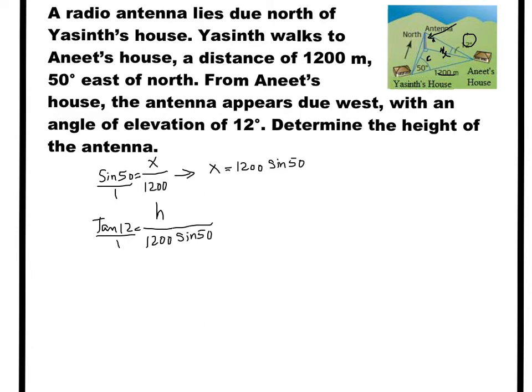Now again, I cross multiply, I get that h is 1200 sine 50 times tan 12. If you multiply these 3 numbers, we get approximately 195 meters.